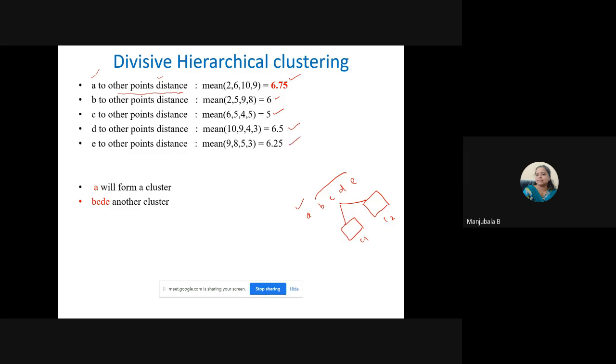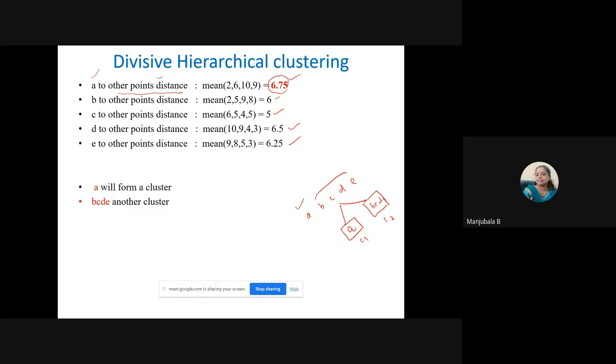Whichever has the maximum distance will be partitioned. Here A to the other points, B, C, D, E, is 6.75. So we divide A, B, C, D, E into two clusters, where A is in cluster C1, and B, C, D, E form the other cluster.